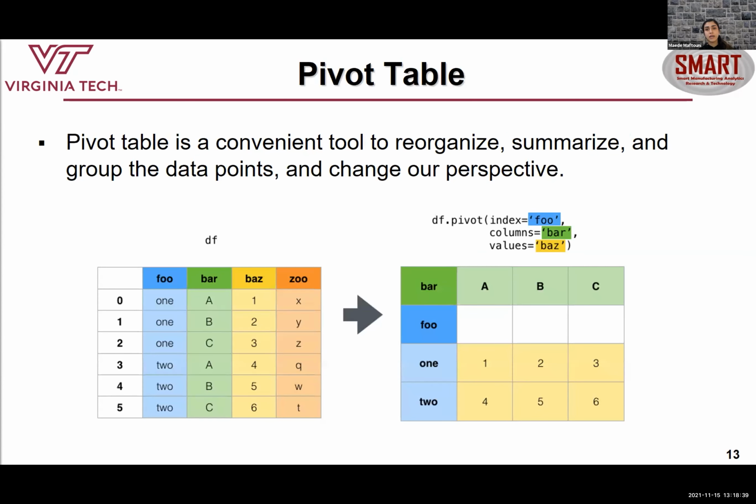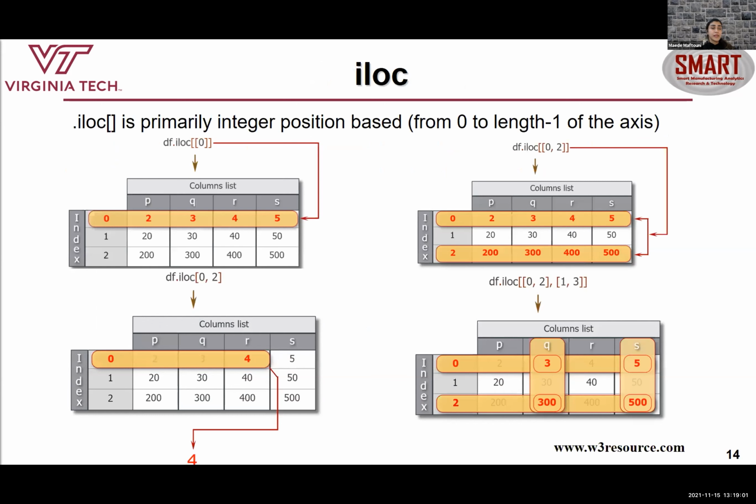And pivot table, similarly to the pivot table in Excel files, is a convenient way to gain a different perspective into the data. You can reorganize the columns and rows in a different way for your purpose.